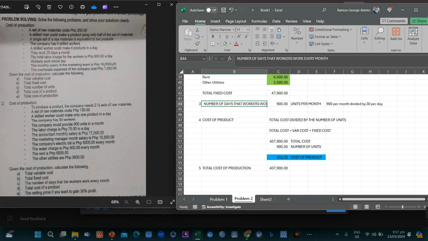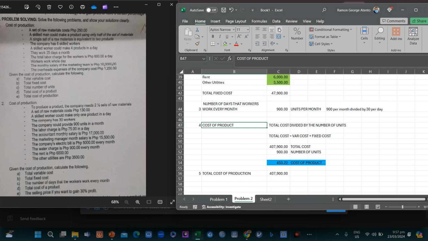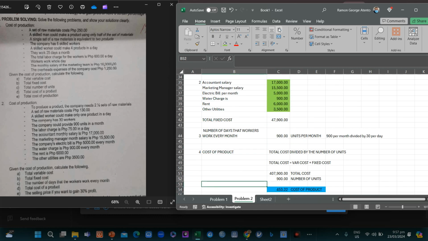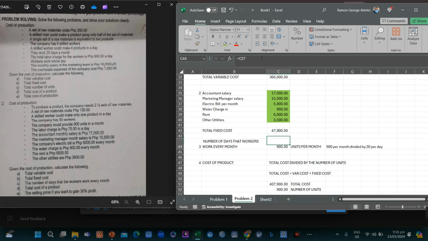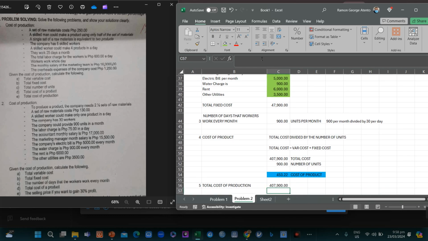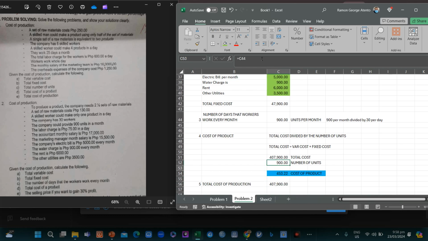Oh, this one. The total cost divided by the number of units. So the total cost would be 407,900. How do you get that? You add the fixed costs plus the variable cost over there. So 360 plus 47,900. And then the total number of units is 900 per month. So you divide, and 453.22 is the cost of the product.